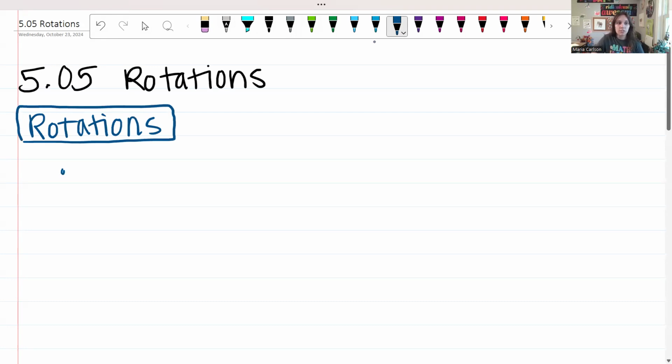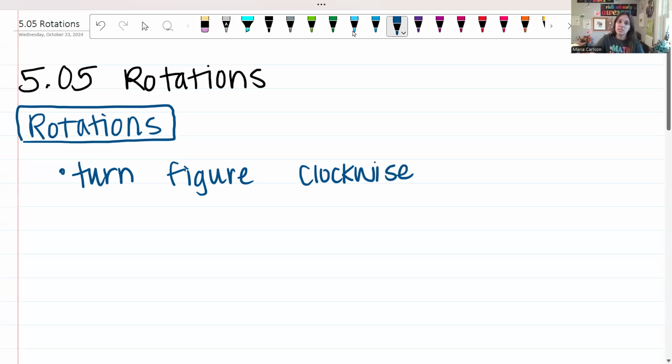So rotations turn your figure either clockwise, which means like the hands on a clock turn, or counterclockwise, which means opposite of the way the hands on a clock turn.